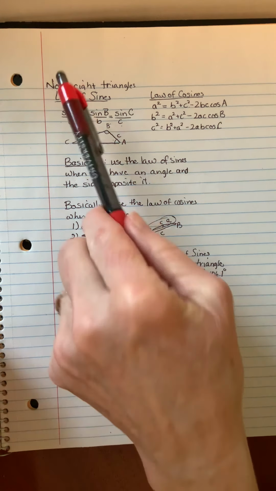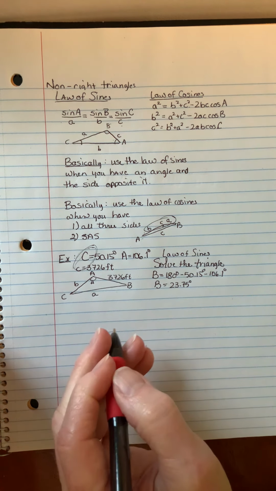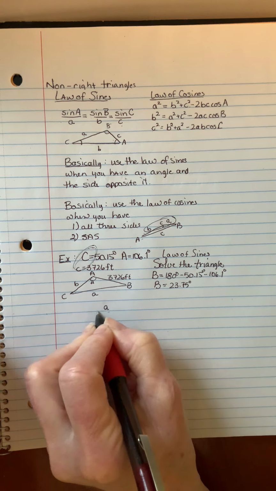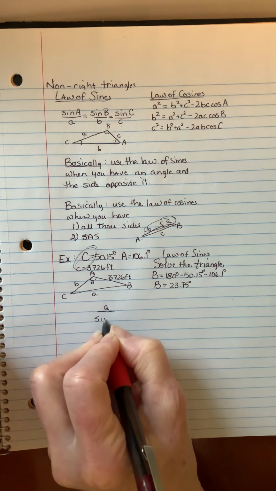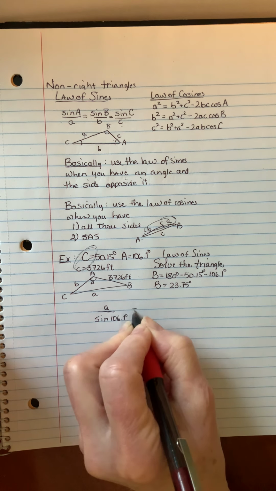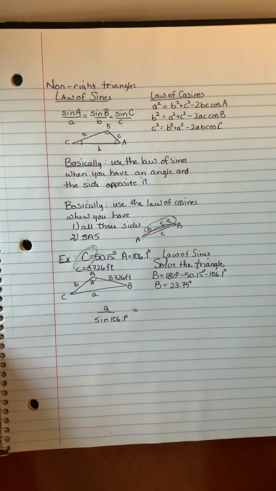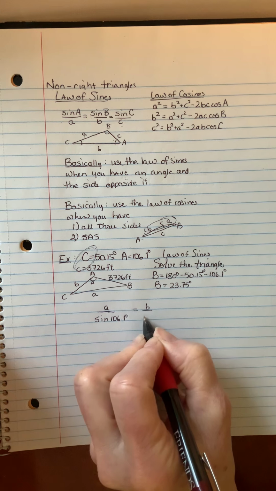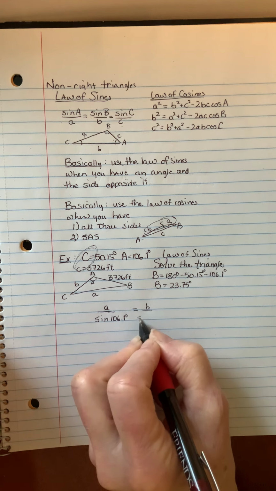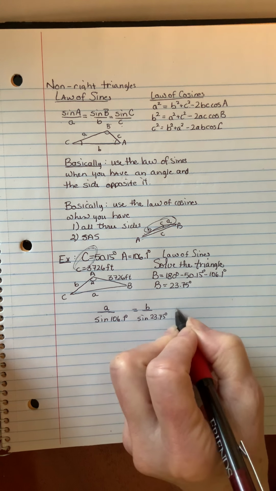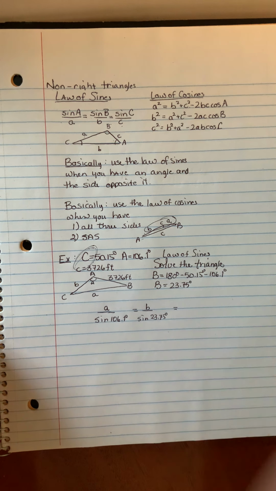A over sine A, well, I don't know what A is, so I'm just going to write that as A over the sine of 106.1 is equal to B over sine B. I don't know what B is. The sine of 23.75.